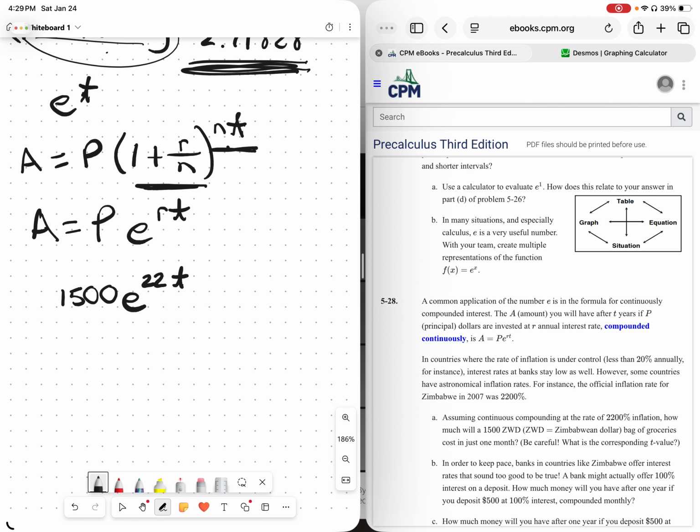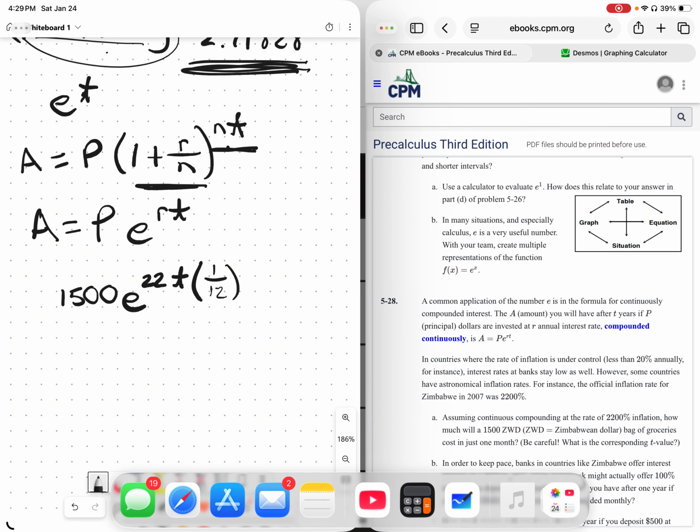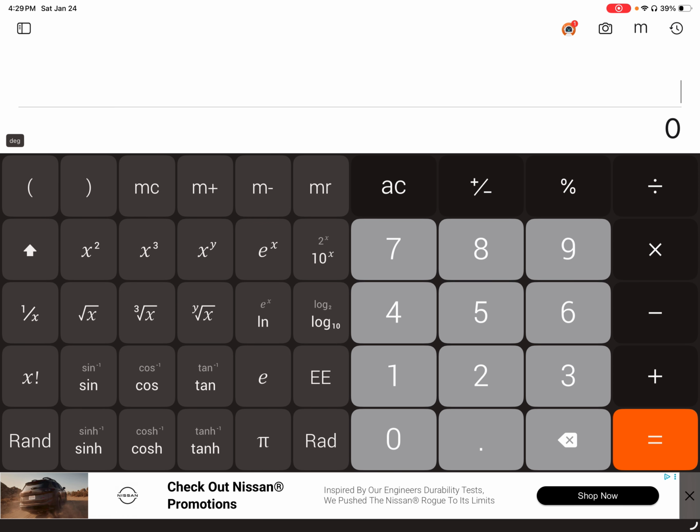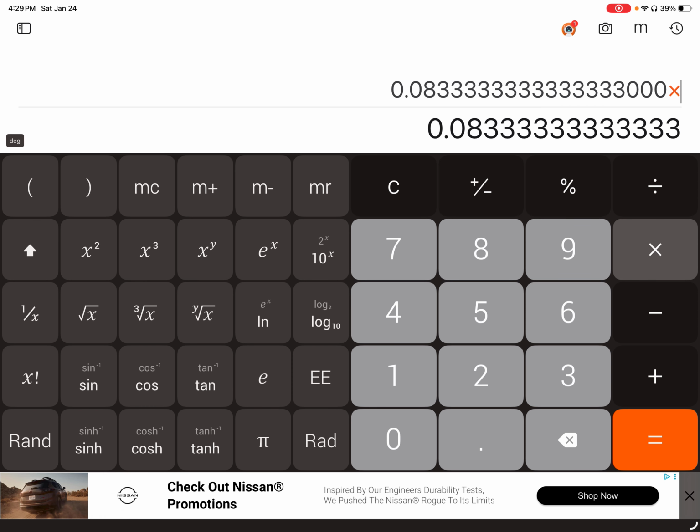So how much would this new value be in 1 month? Well, t is normally in years, so 1 month would be 1/12 as the t value. Let's put this in and see what we get. 1/12 times 22, and we do e to that number.